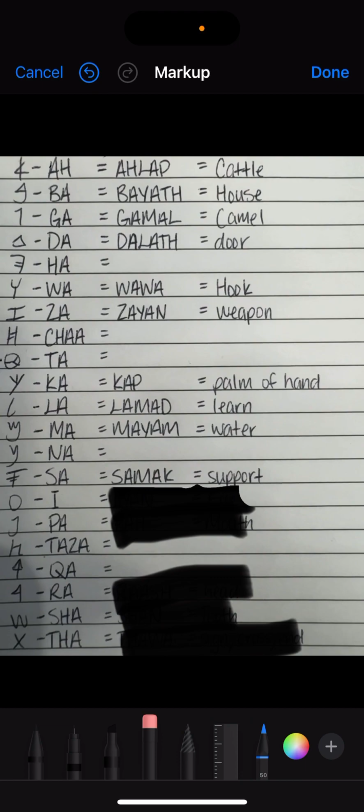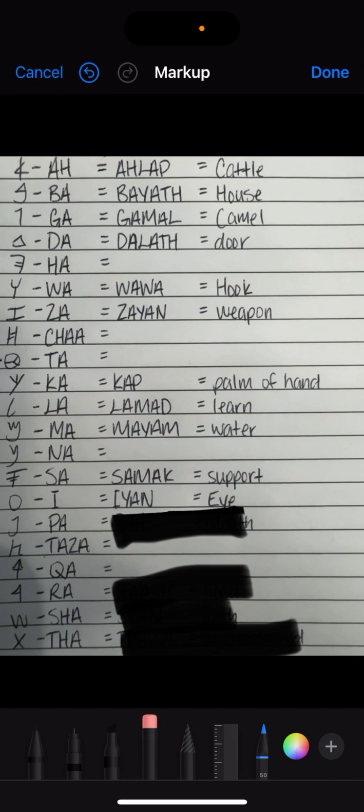The next character looks like an O. We covered that during the previous video. It's pronounced i, and it means ayan, which means eye. So that's an easy one to remember.